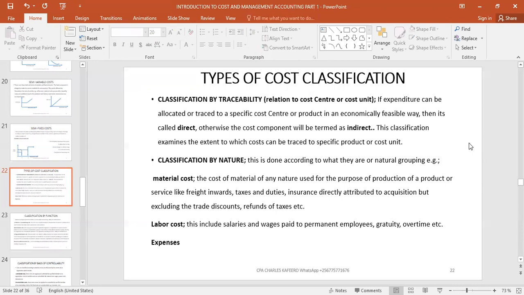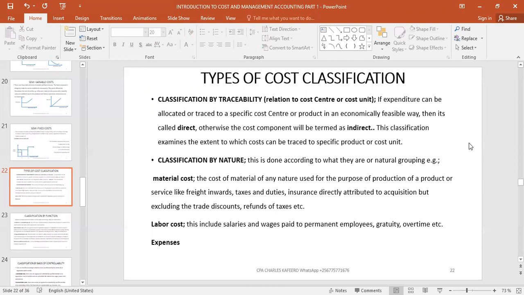Here we are just talking about these costs in how they really occur, naturally how they are. We can talk about if it is material, then the cost will be material cost. If it is labor, then the cost will be labor cost. If there are other expenses, then we can call them overheads or expenses.